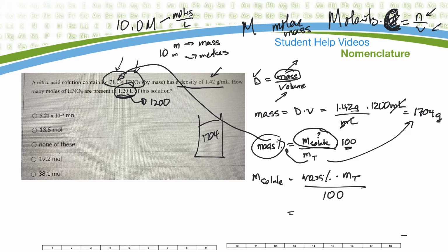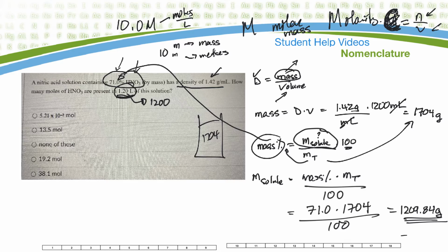So the mass percent is 71.0 times the total mass is 1,704, divide 100. Calculator. So 71 times 1704, divide 100. 1209.84 grams. That's how much the nitric acid would weigh.